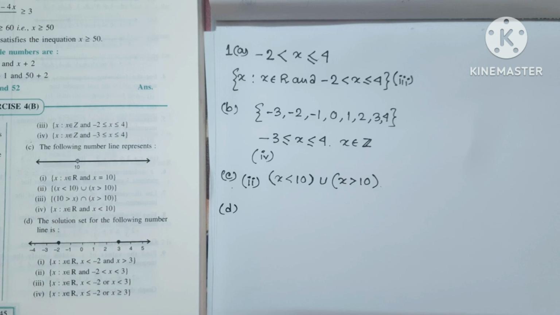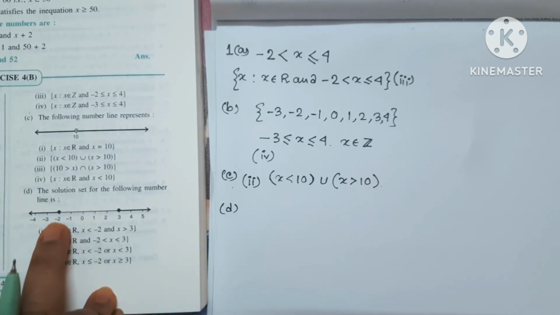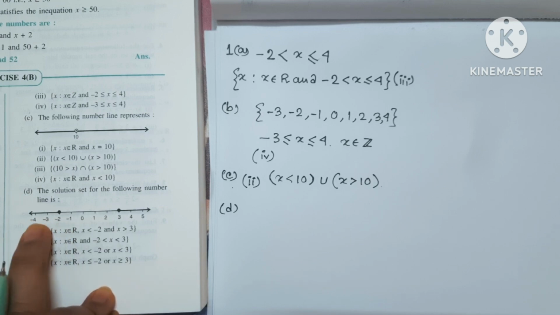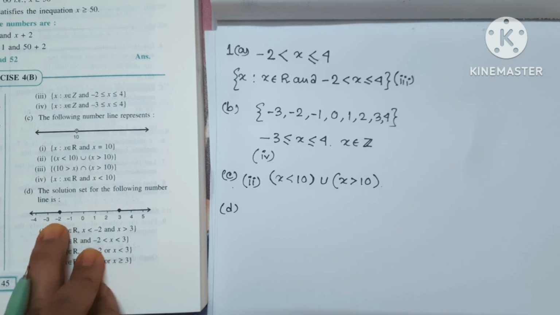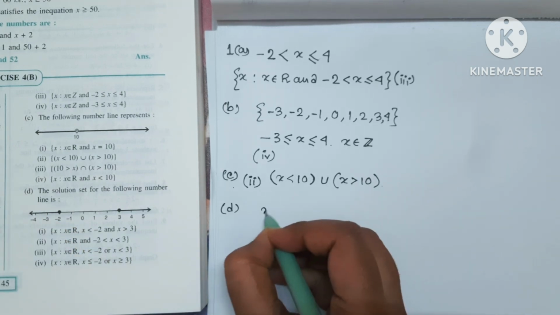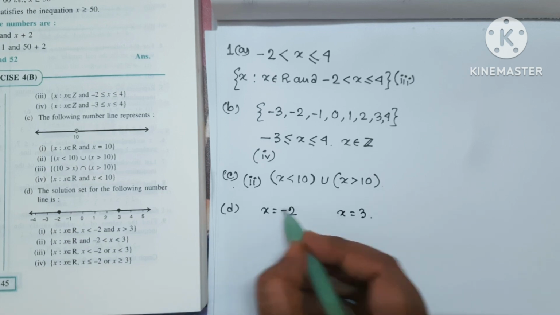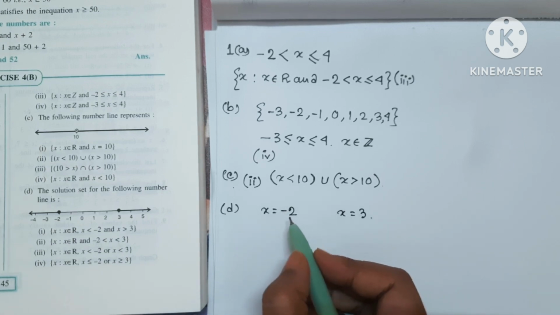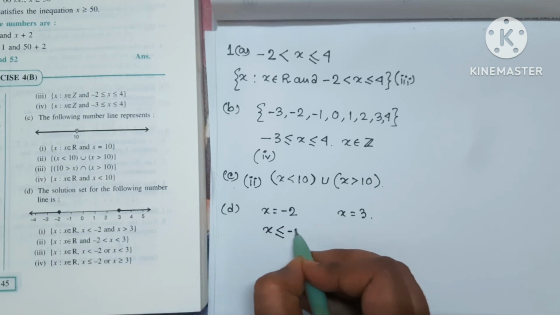In case of D, see the solution set. They are denoting this portion and that portion. So x equal to -2 and x equal to 3, they are the points. Okay, now they are considering x less than or equal to -2.